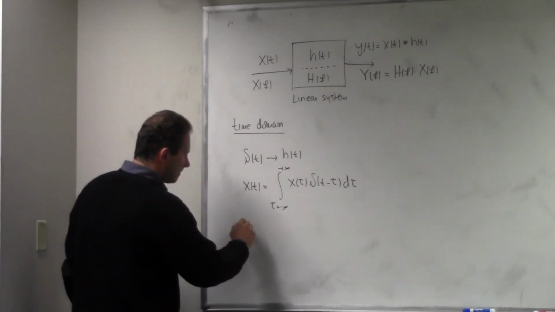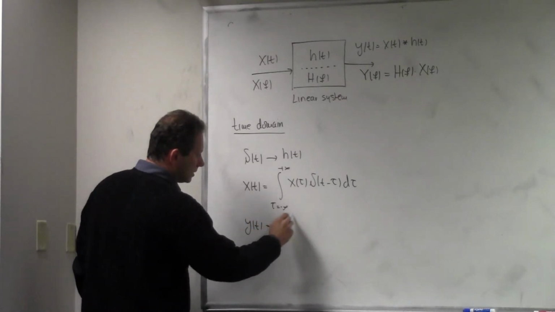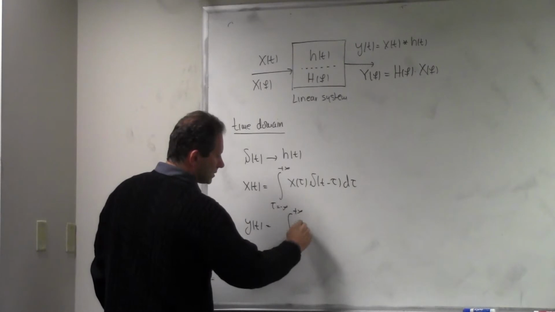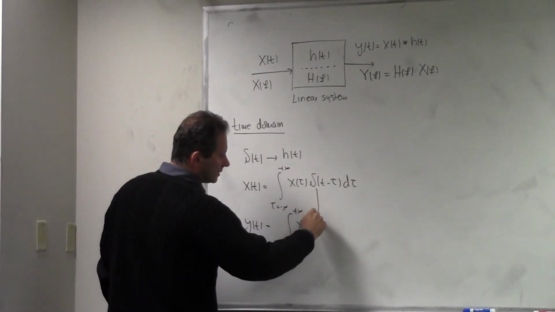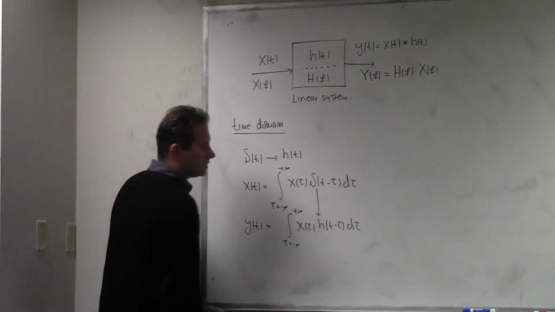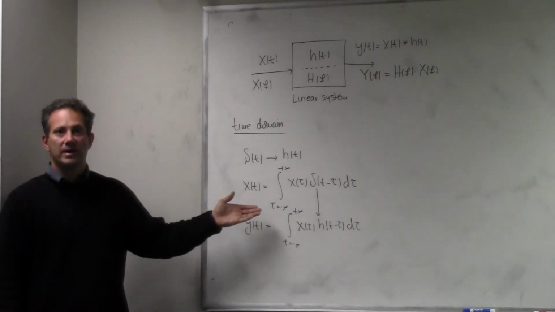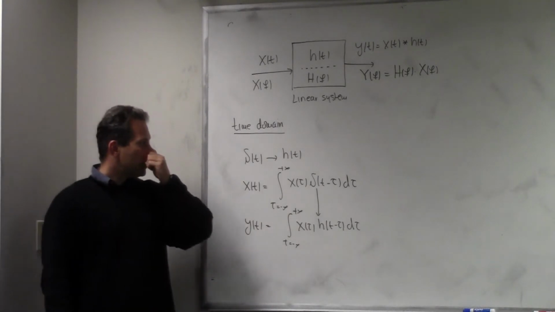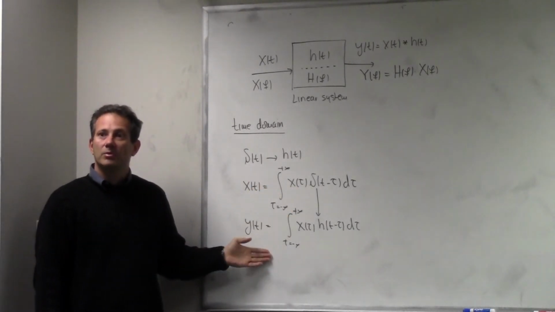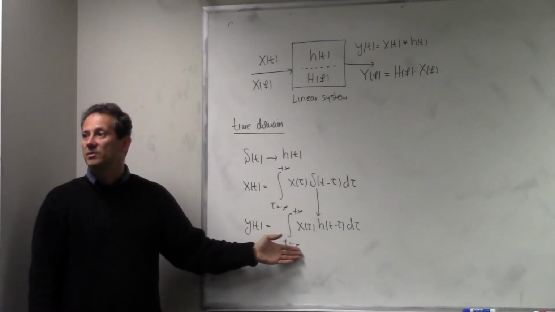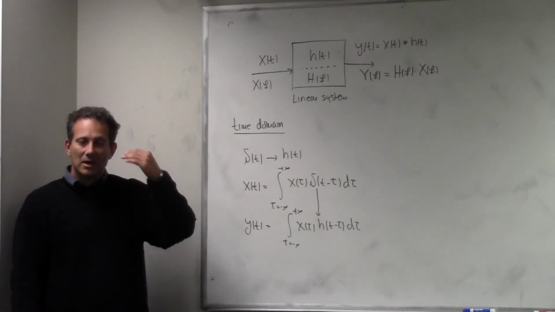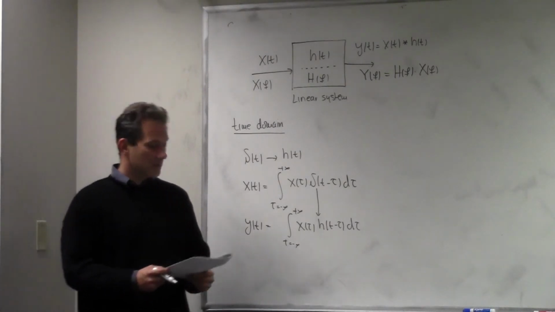Now your y of t is the integral, tau goes from minus infinity to plus infinity, of x of tau, and instead of this delta, I have h of t minus tau, d tau. This is the superposition theorem at its best. It says, if I decompose my input as a sum of delta pulses, my output is going to be the sum of my impulse responses. Right? And that's how the time domain operates. How do we think in the time domain?